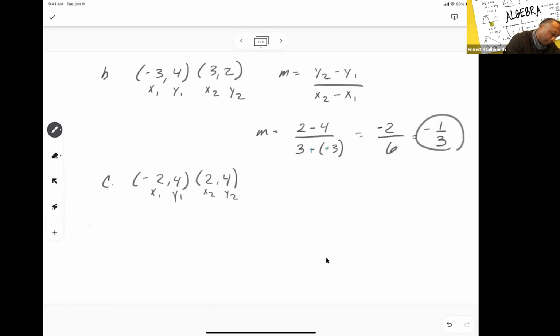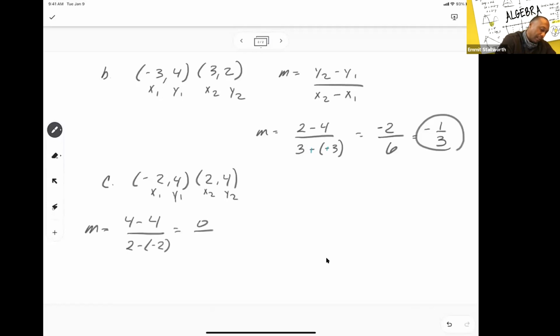And then my slope, M, is equal to y sub 2, which is 4, minus y sub 1, which is 4. And then we have x sub 2, which is 2, minus x sub 1, which is negative 2, which gives us a 0 on the top.